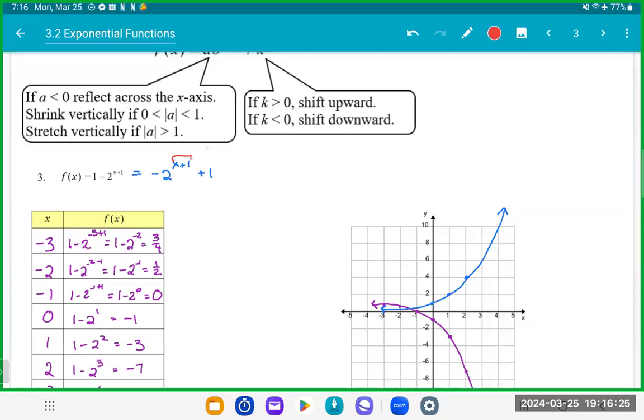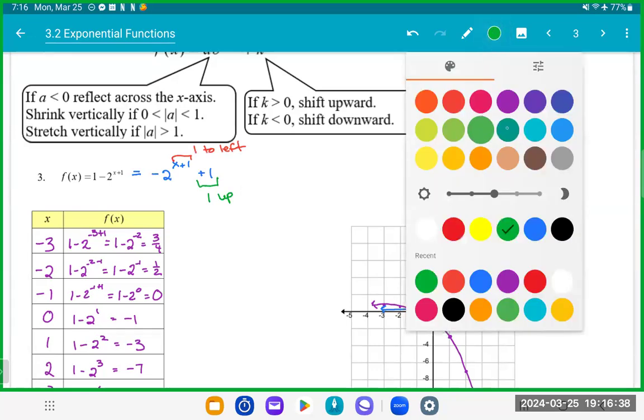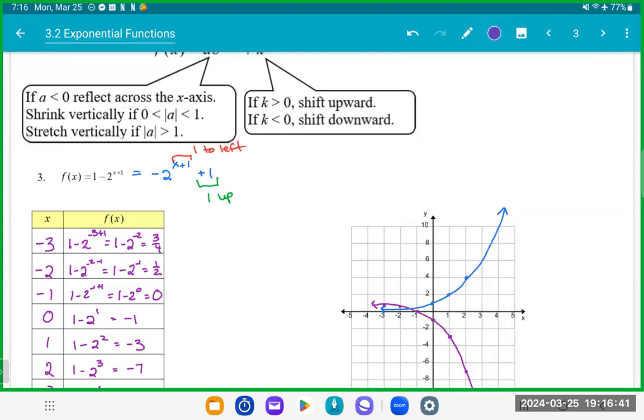So this right here tells us 1 unit to the left. This is telling us 1 unit up. And this right here reflects across the x-axis.